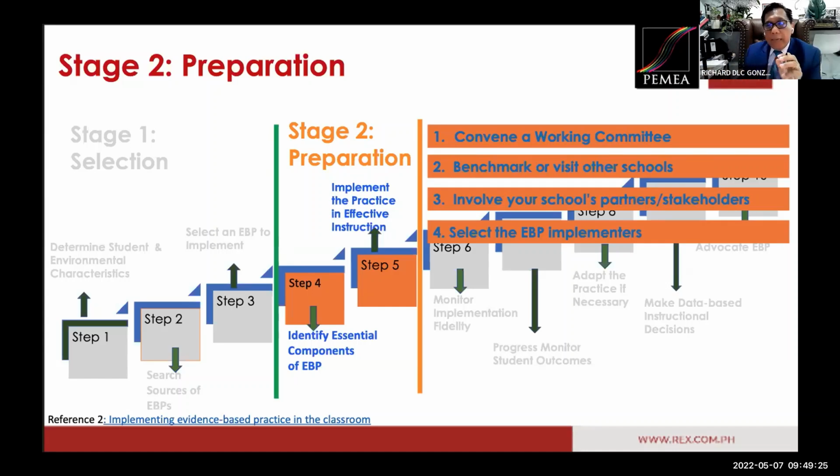And can the implementers commit to full participation in professional development, such as training to prepare them for implementation? Commitment is very important here. And lastly, are the school leaders, including the school community, involved?